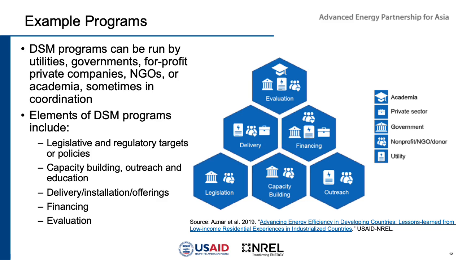Continuing on with this focus on the building blocks of demand-side management, we see here an illustration of how the effectiveness of energy efficiency programs can improve based on the level of institutional capacity in a given country.